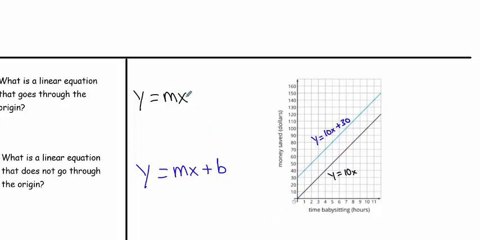So here are our two equations. This one goes through the origin, and that means it's proportional.